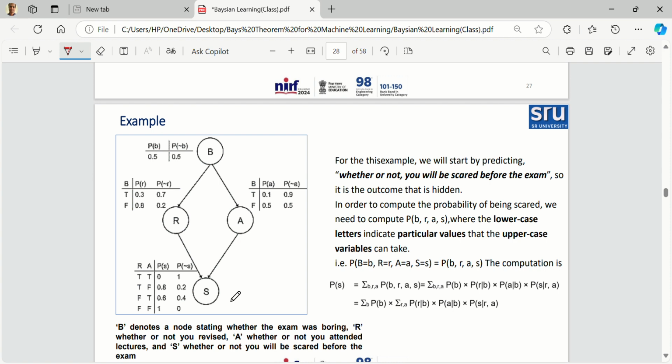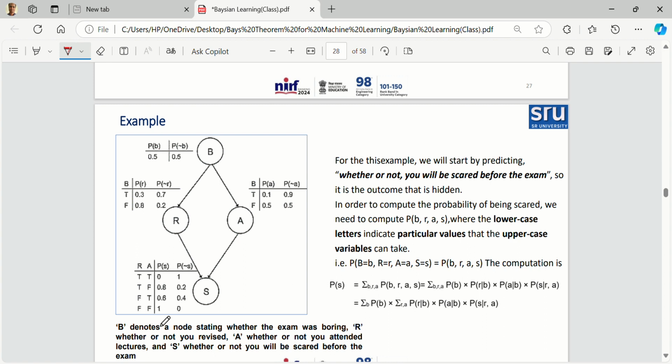Then R and A. Now S depends on R and A. So we have the probability of S and the probability of not S. When both are true, the probability of S is 0 and of not S is 1. R true, A false: 0.8, 0.2. R false, A true: 0.6, 0.4.